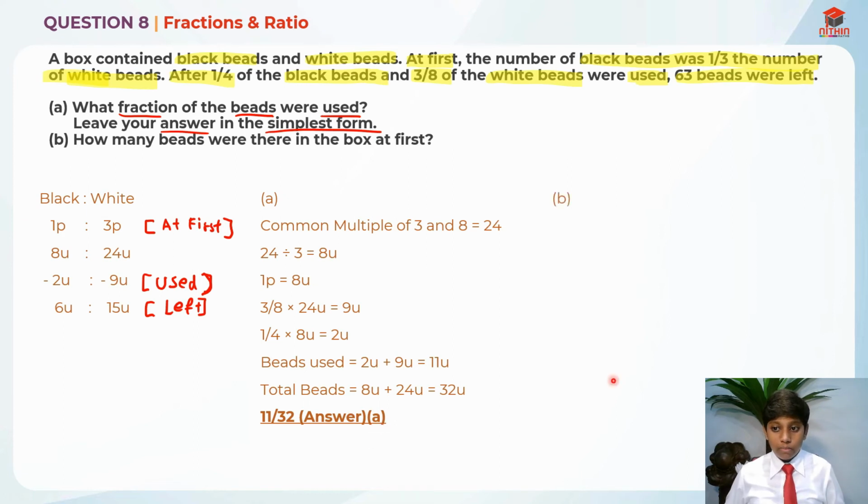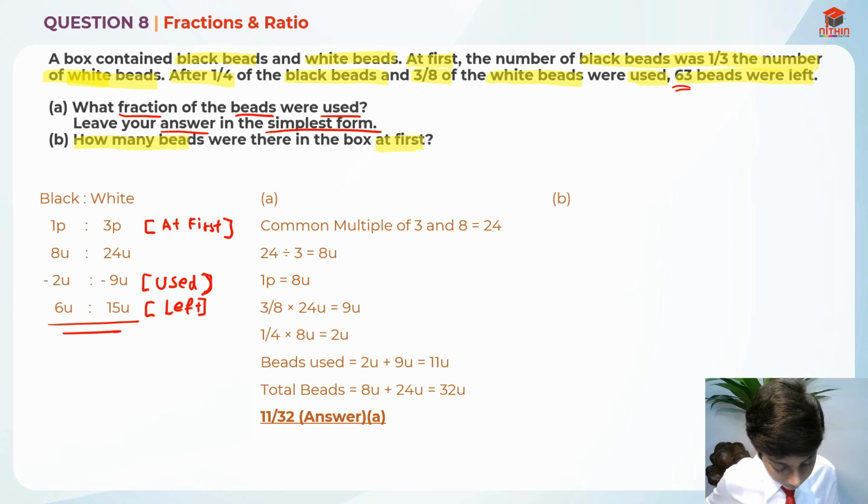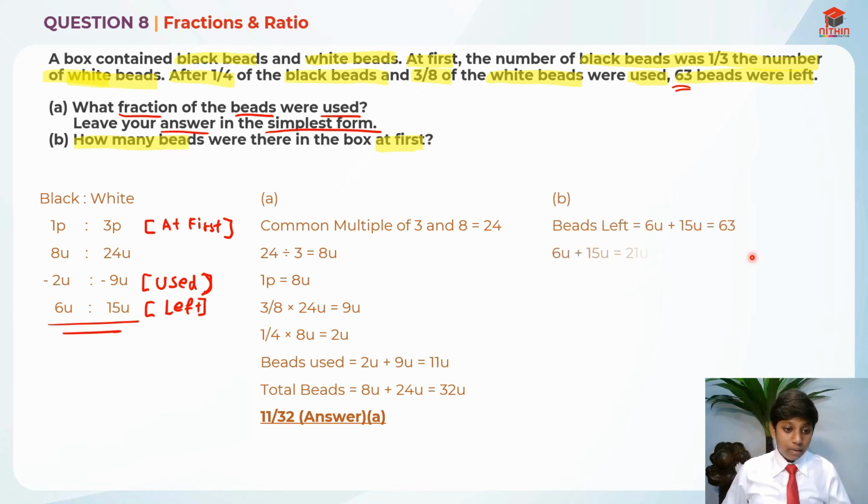Now let's move on to part B. They're asking us how many beads were in the box at first. So first we know the value of left, right, which is 63. And we know the units of left, right? So 6 units plus 15 units is equal to 63.